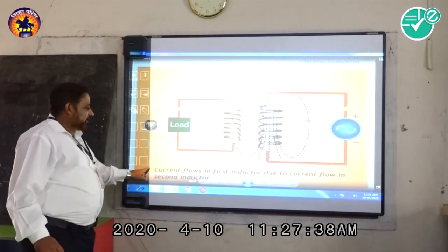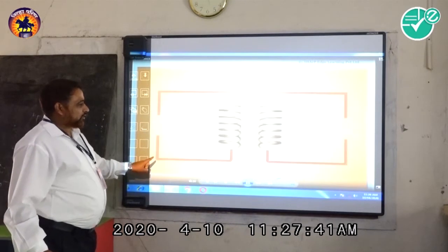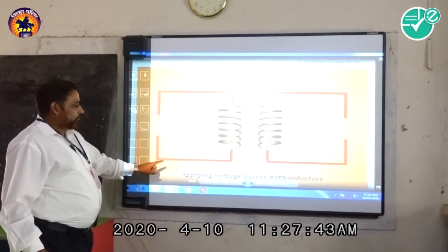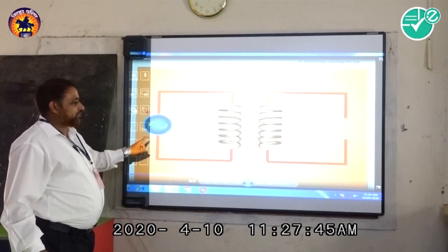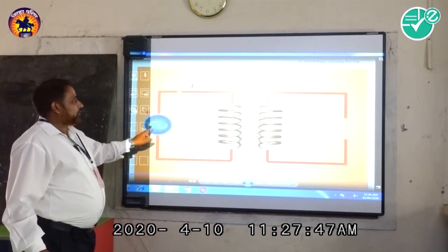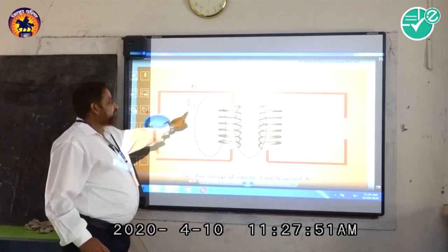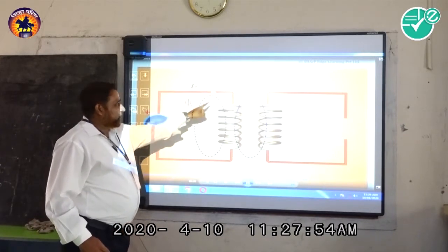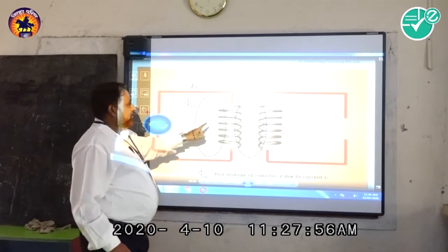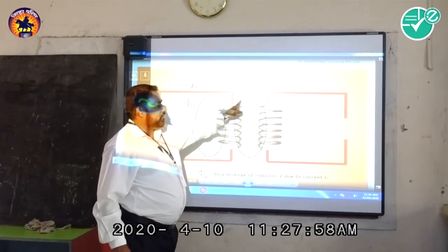You can see here, current flows in the first circuit due to the first coil. Now apply voltage across the battery. You see here, phi 1 is produced due to the flow of current in the first circuit. The phi 12 is produced in the neighboring coil.